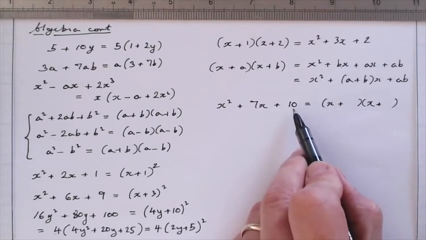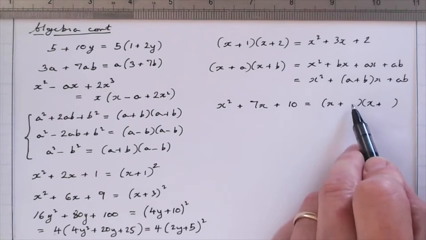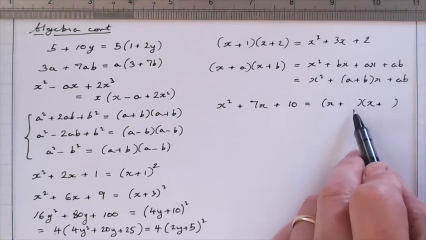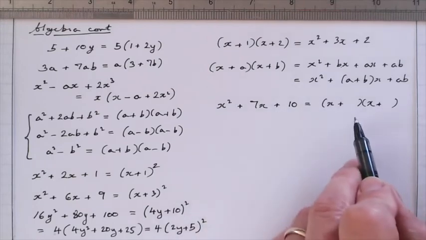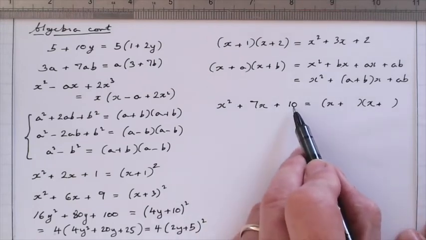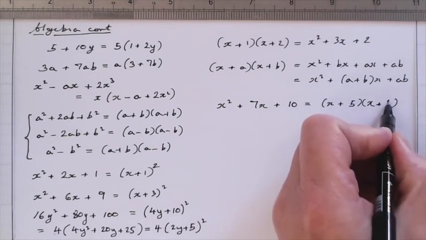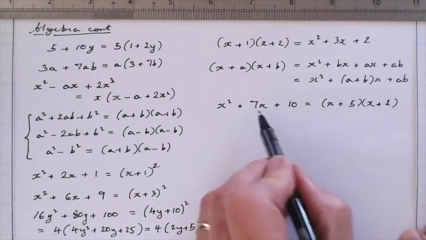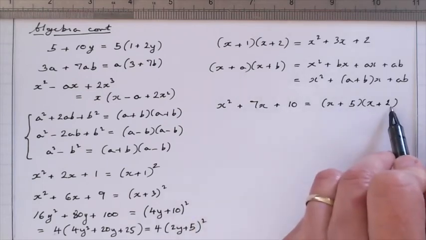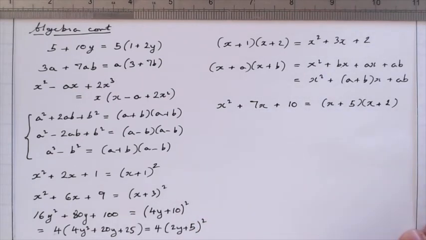Well, I can have 10 times 1, or I can have 5 times 2. If I had 10 times 1, I would have 10 here and 1 here, but 10 plus 1 does not give me 7. So let's look at the other example, 5 and 2. 5 times 2 is 10, and yes, 5 plus 2 is 7. The 2 times x plus 5 times x will give me 7x.